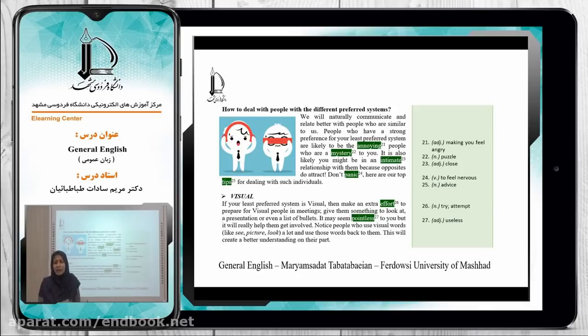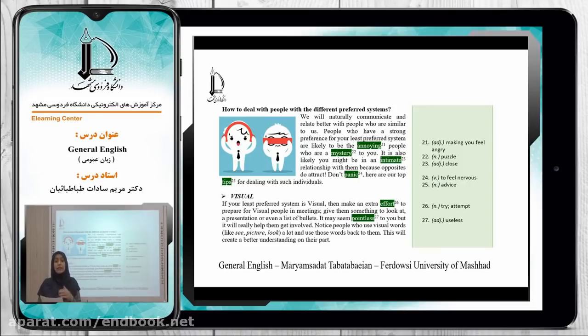Make an extra effort. What does it mean? It means try harder. Because you are not visual, when you have a meeting with somebody who is visual, you need to just pay attention to their preferred style and system. And you have to try to prepare things in a way they like.